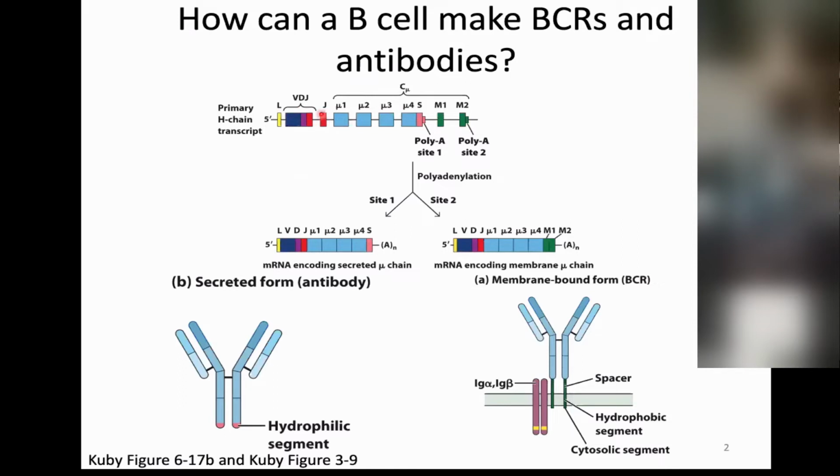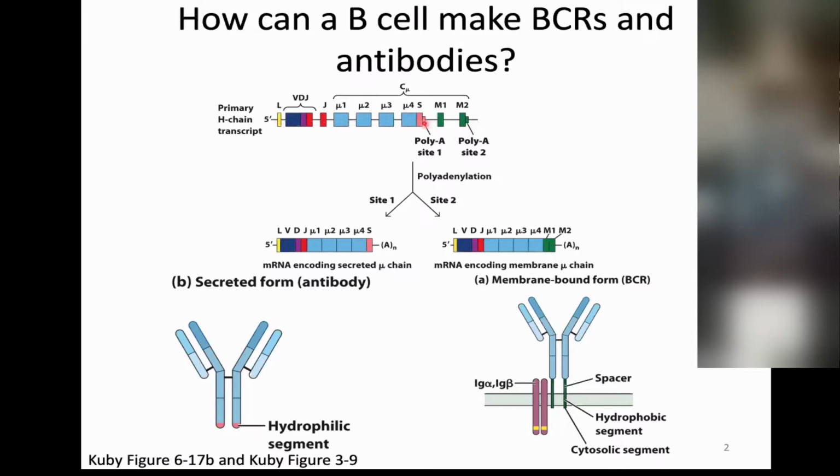We can see there's still a downstream J that is present. We've started transcribing right before the joined VDJ region, but this downstream J is part of our transcript. And we've got the constant region exons.